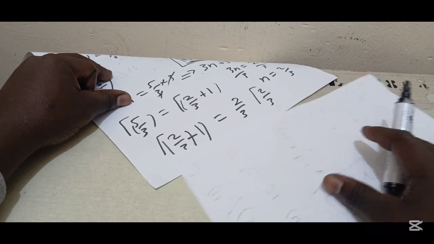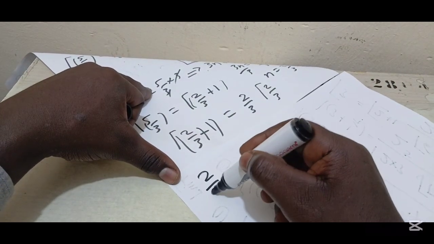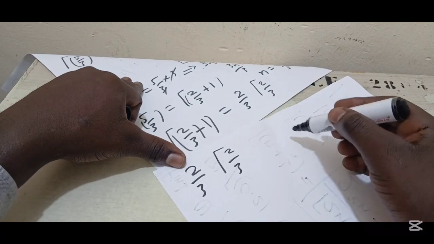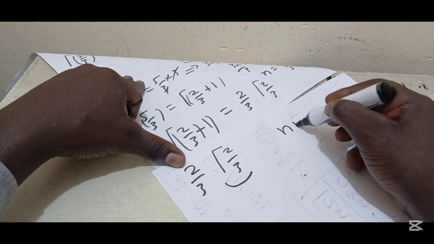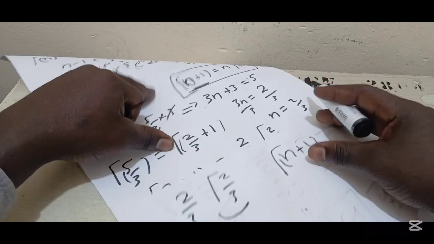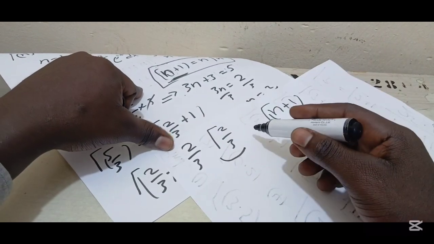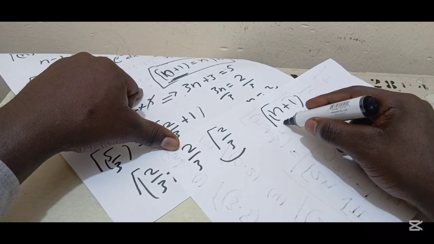So we can go ahead. We have 2 on 3 gamma 2 on 3. We have to express this term in the form n plus 1, gamma n plus 1, so that we can use this formula. So what plus 1 will give me 2 on 3? You can form an equation again.